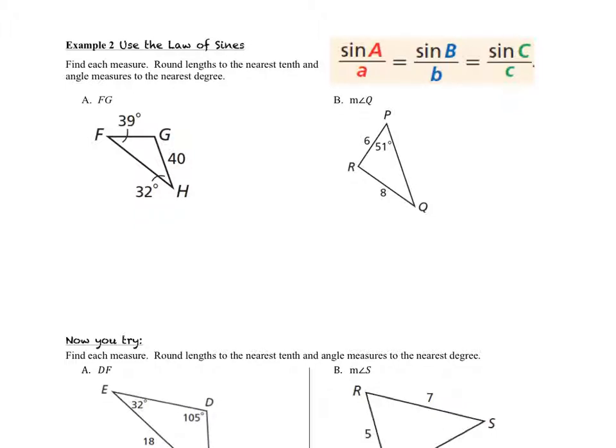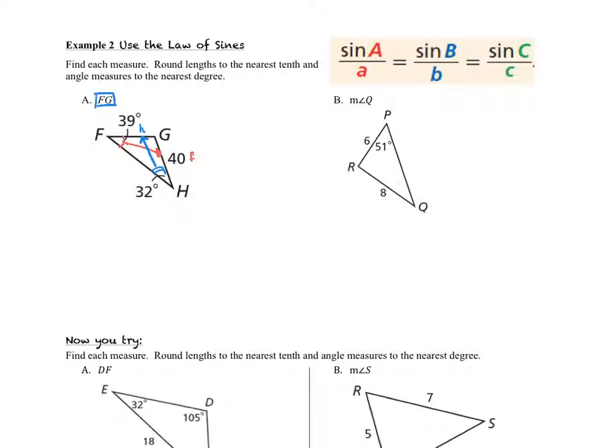So notice in example 2A here, I am looking for side FG, let me explain first. So we have 2 angles and a side. I've got this angle right here, 39, and its opposite side, and then I have the angle 32 and the side opposite that we're trying to find. So I could call this lowercase f if I wanted to, and I could call the one we're trying to find lowercase h.